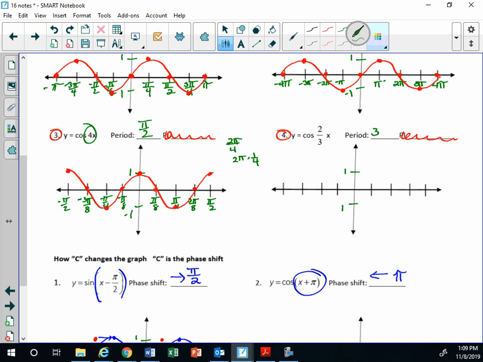Guys, are you getting 3 pi as your period for 4? Yeah, okay. Are we enjoying those fractions? Really what you're doing is multiplying by 3/2.